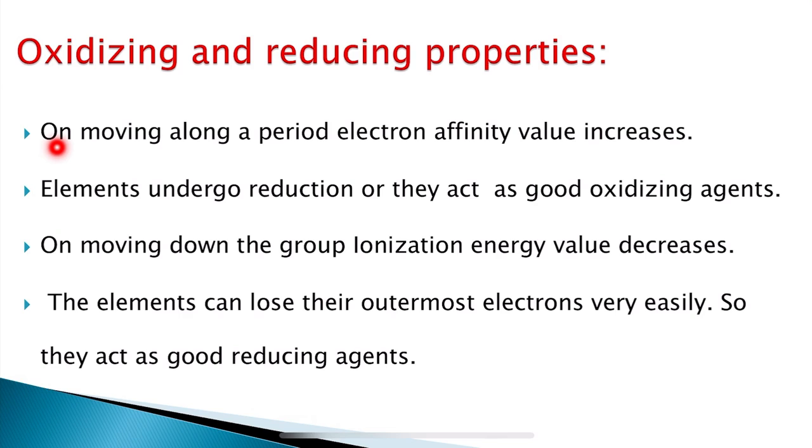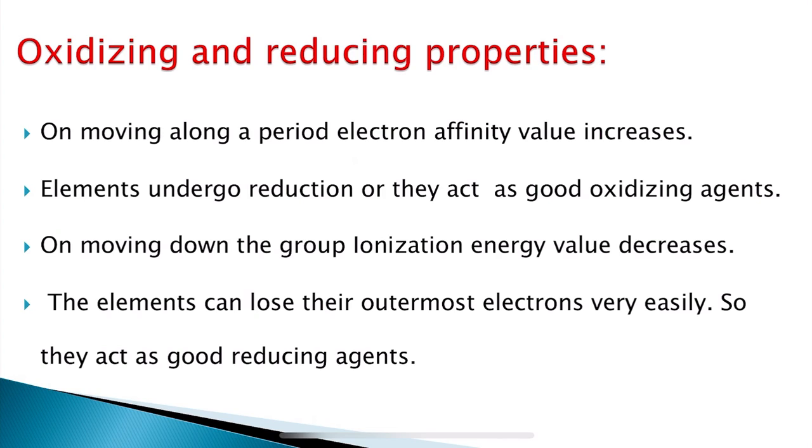The trend observed in the periodic table is as follows. On moving along a period, electron affinity value increases, so the addition of electron is easier. The elements undergo reduction, or they act as good oxidizing agents.